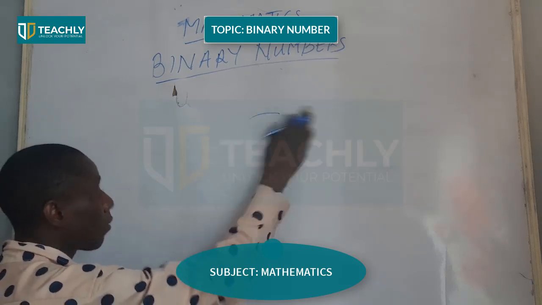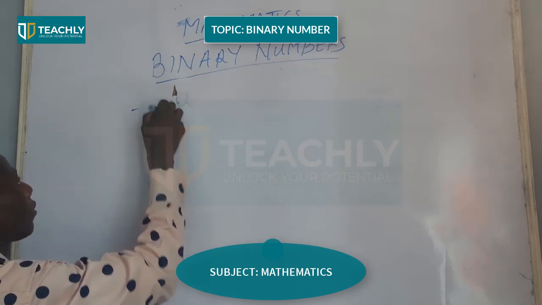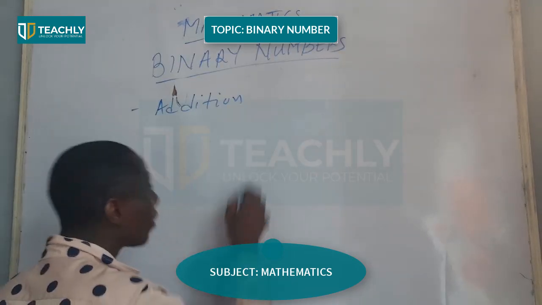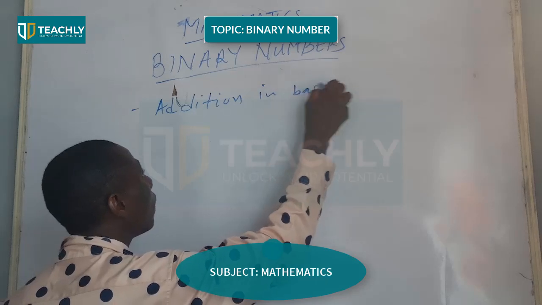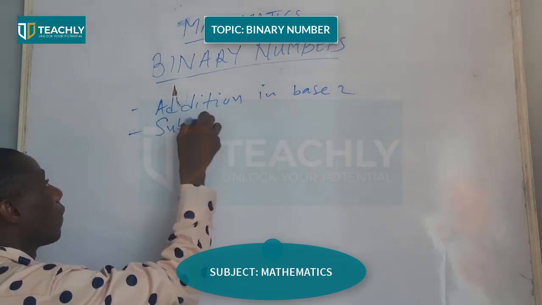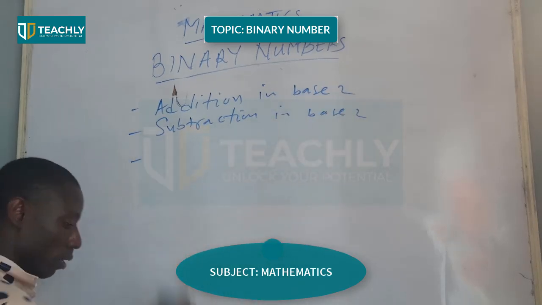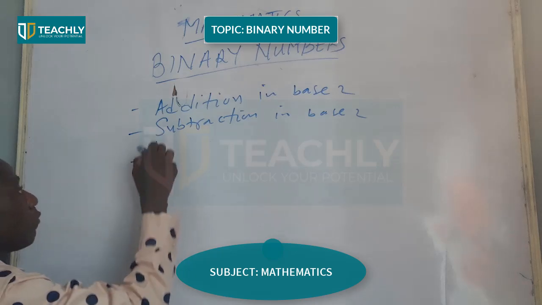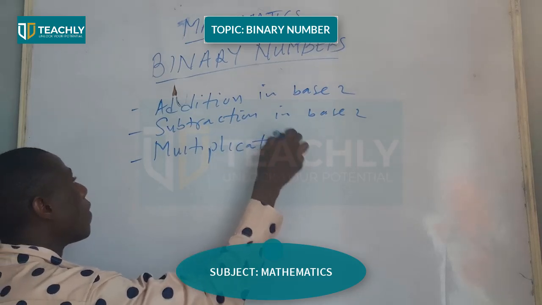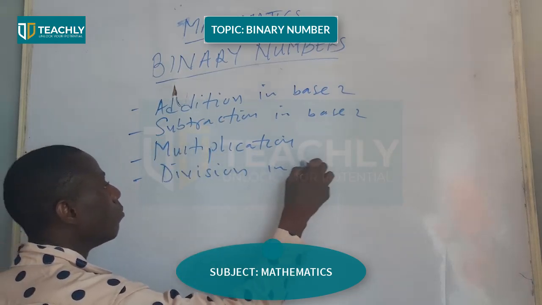So what we are looking at under binary number today, we want to look at addition in base 2, then subtraction in base 2, then we have multiplication and division in base 2.